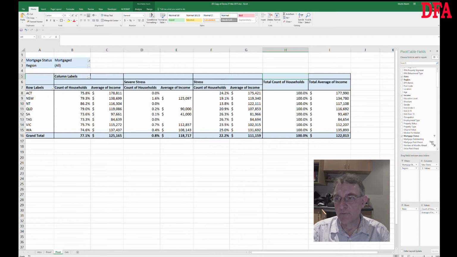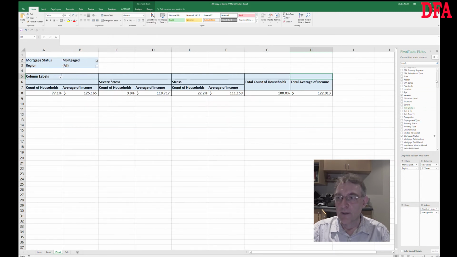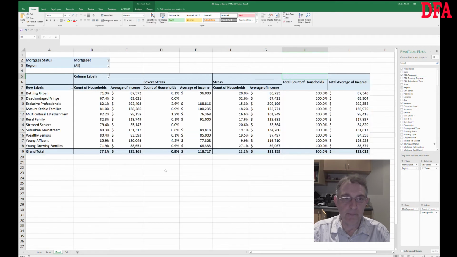Another way we can look at the information is by our core household segments. Again, this is an average national picture. Here we can see our different household segments, and it's quite clear that young growing families, the battling urban and the disadvantaged fringe are the three household groups that stand out as being in the most difficulty.